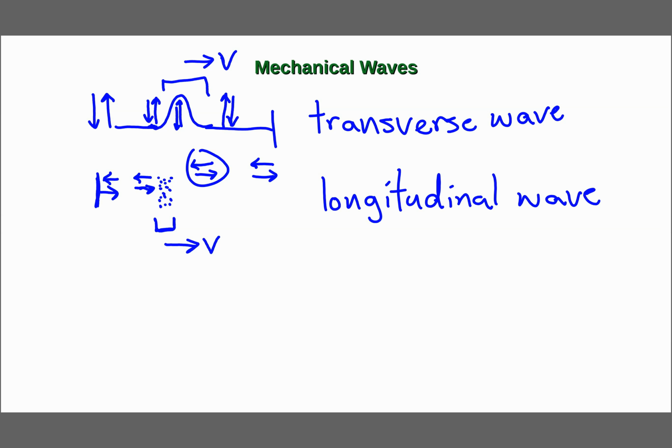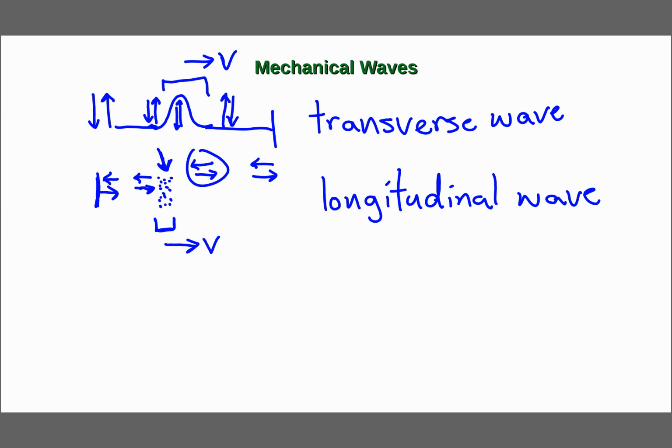And the most common example of this one is sound. Sound is vibration that makes particles move in this oscillatory fashion of a longitudinal wave and create these little pockets of pressure. So you'll also probably hear me call sound a pressure wave, and that's because it creates these periods of oscillating pressure. But we'll get more into that later.